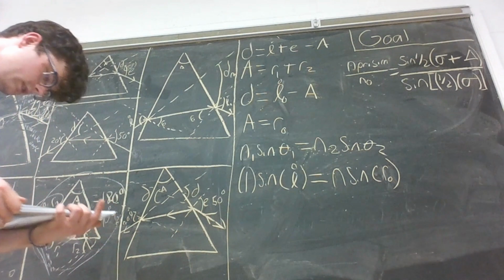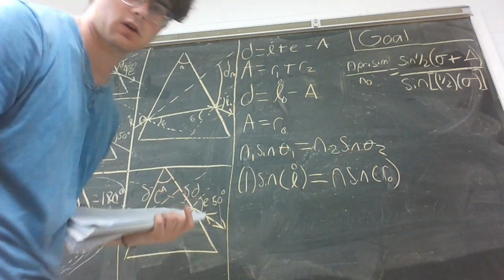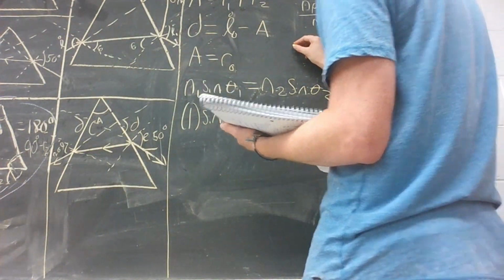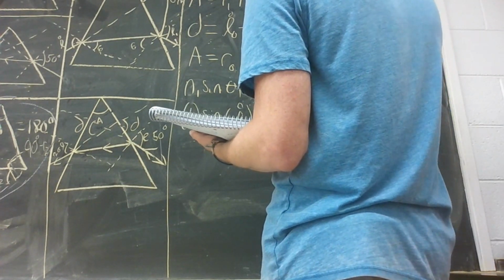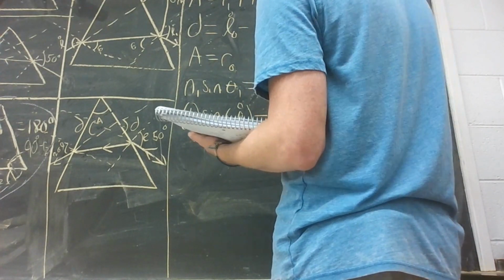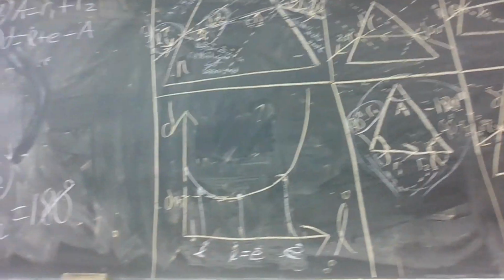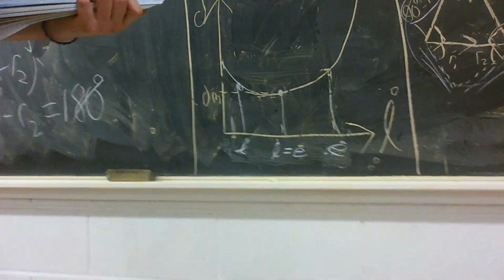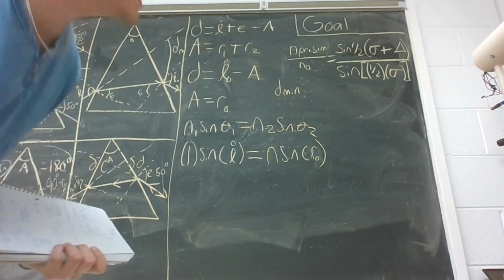So, next we have to solve for I naught and R naught. To solve for I naught, we're going to use d minimum, and d minimum comes from the minimum deviation angle, right here. That's our d minimum, dm.